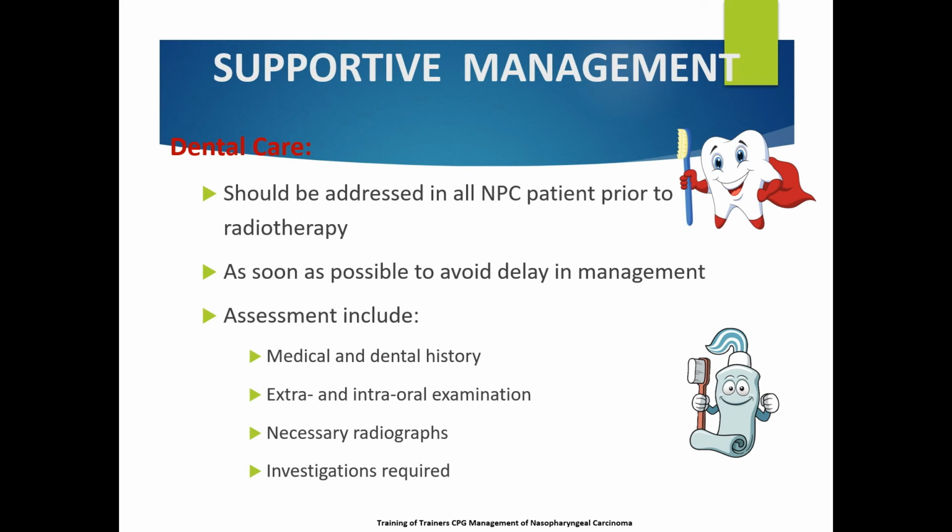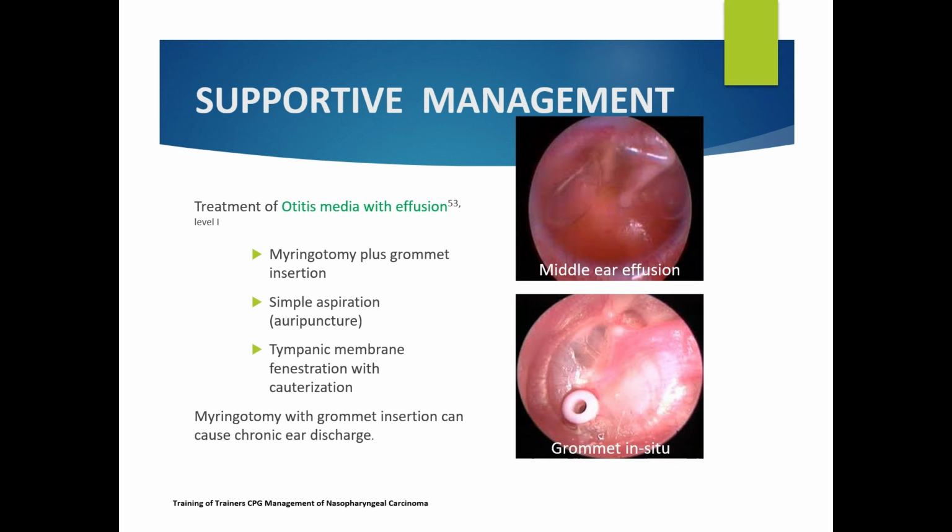NPC patients need dental assessment before they go for radiotherapy. If they need dental extraction or scaling, that has to be done before radiotherapy started. As a result of the tumor itself in the nasopharynx or a side effect of radiotherapy, patient might develop otitis media with effusion, that is fluid accumulating in the middle ear. So patient might complain of hearing loss, conductive hearing loss.